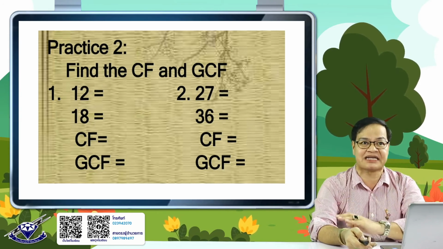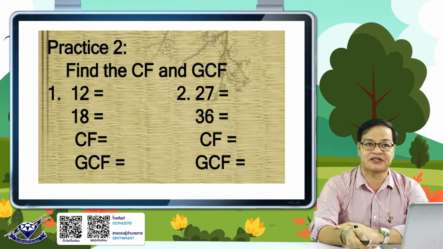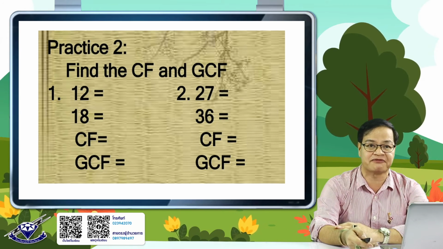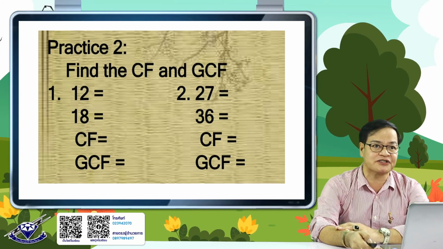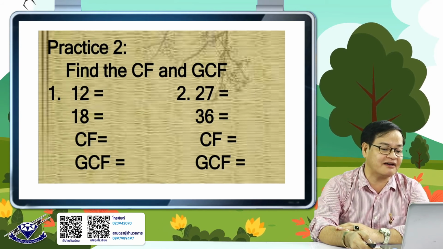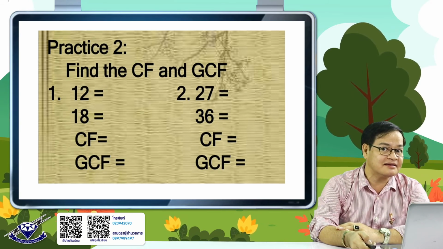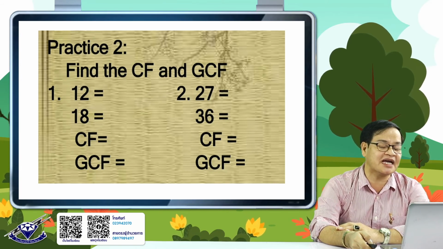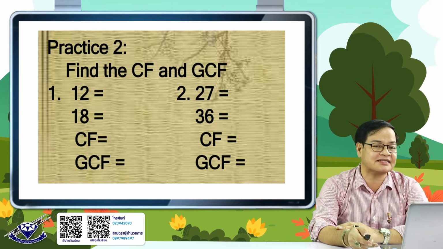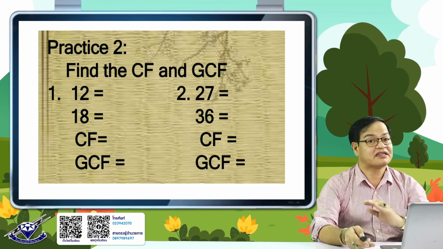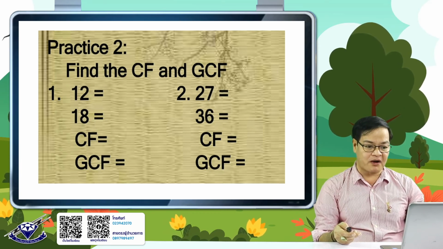Okay, I'll give you one example. Find the common factors and the greatest common factor, or the highest common factor. What are the factors of 12? We have 1 and 12, 2 and 6, and 3 and 4.